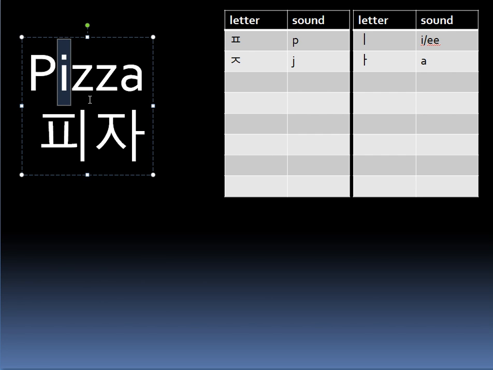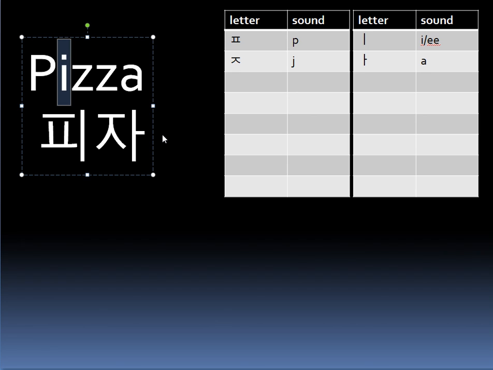Korean people say pizza, not pizza with a stress. One of the things you're going to notice about Korean is that they don't have intonation. Like Chinese, they have some intonation, and English has some up and down, like an accent.